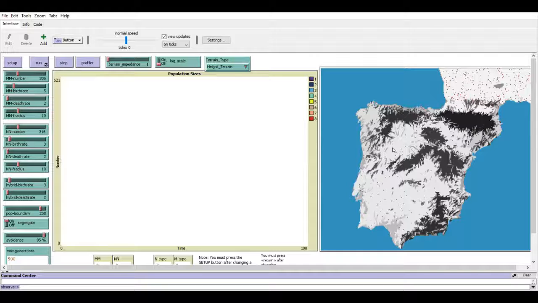So these multiple bottlenecks do mean that populations stay separate for longer periods of time, and it was interesting noting that the Pyrenees are not the only bottleneck between populations.